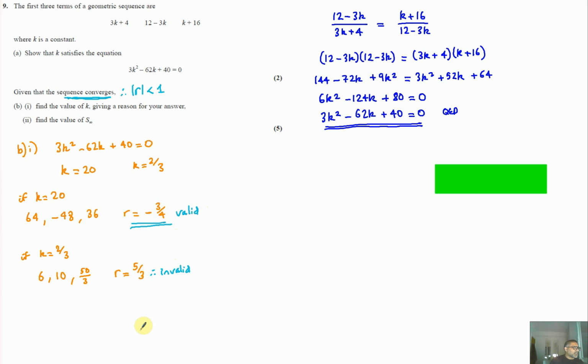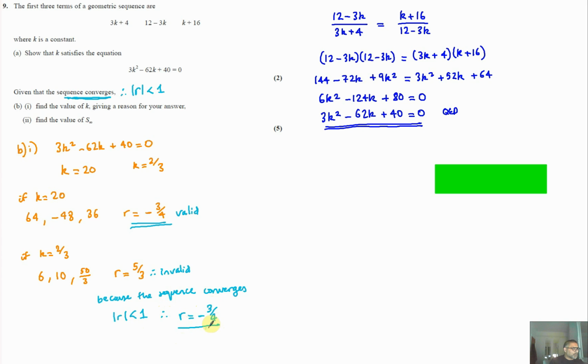And it's worth stating again that because the sequence converges, the magnitude of R has to be less than 1. So it can't be plus or minus 1. That's why this one is valid and this one would be invalid. So therefore, R equals minus 3/4.